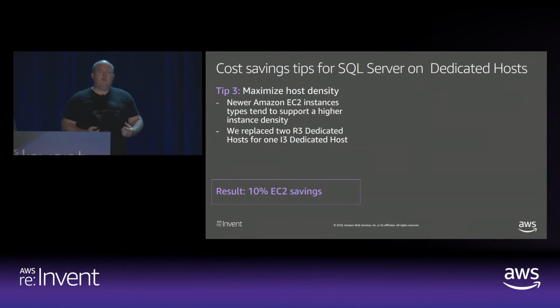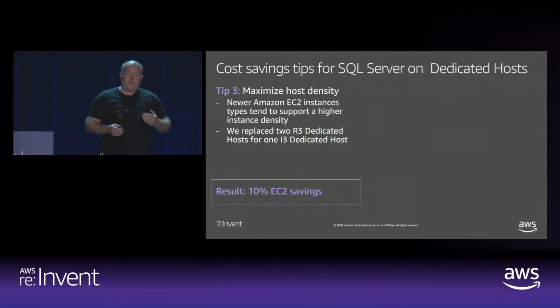One thing to remember with moving to dedicated hosts is that you cannot mix and match the instance types on that host. So for example, with the i3, you either get to run 8 i3 2XLs or 4 i3 4XLs. You can't mix and match 4XL and 2XL on the same host.